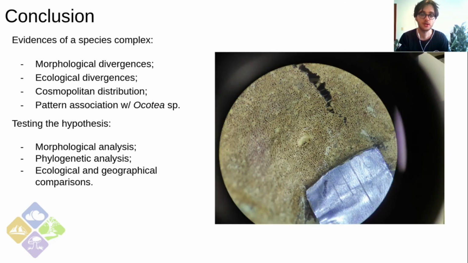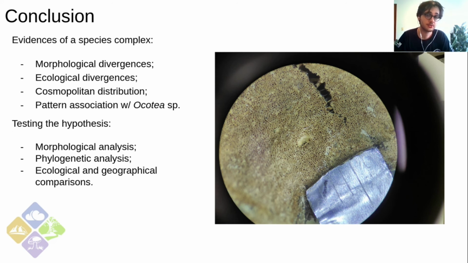As next steps for this research: this preliminary analysis shows us that there is some evidence of a species complex in these specimens. These morphological divergences, together with these ecological divergences and the cosmopolitan distribution of Rigidoporus ulmarius, suggest that the species could actually hold a species complex.